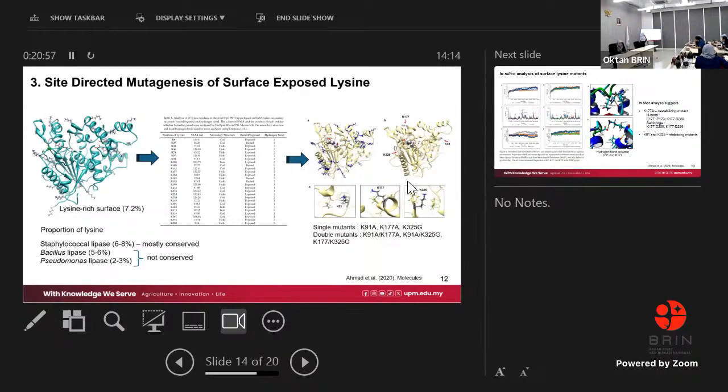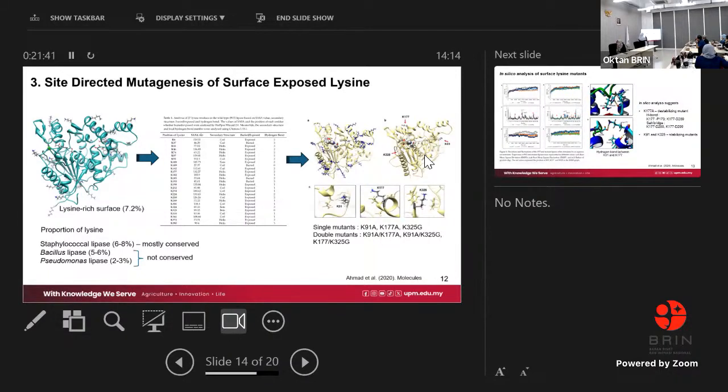engineering study on this enzyme, we did site-directed mutagenesis of surface-exposed lysine because we were trying to find out what causes this enzyme to be difficult to crystallize. We looked into the structure and found that there are many lysines on the surface of the enzyme. Studies have reported that when there are too many hydrophilic or large residues on the protein surface, it may interrupt the crystal packing and also the crystal growth.